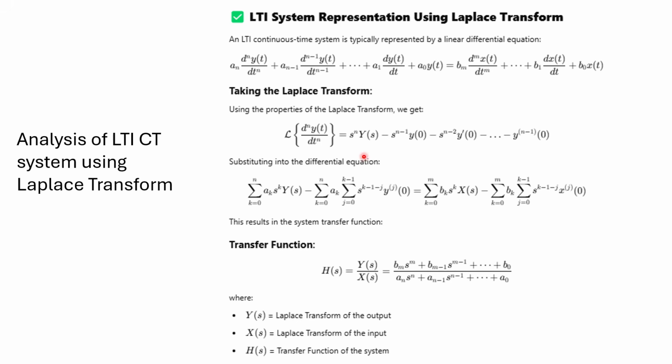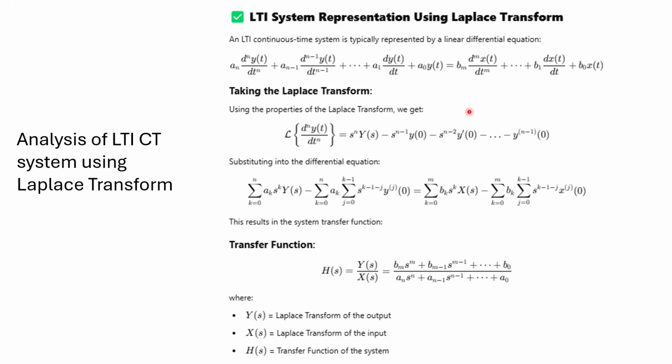So taking the Laplace transform of the left side and the right side, that will give you s to the power n Y(s) minus s to the power n minus 1 y(0), and then minus s to the power n minus 2 y'(0). Y'(0) is the differentiation of y at the value t equal to 0, similarly like this, right?